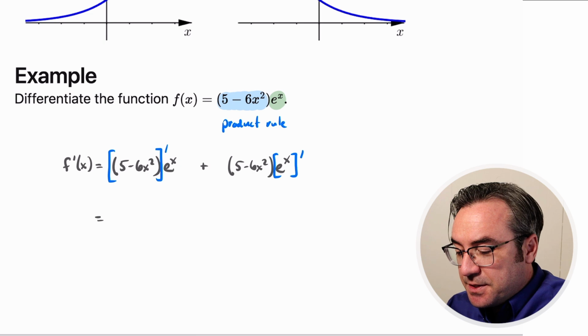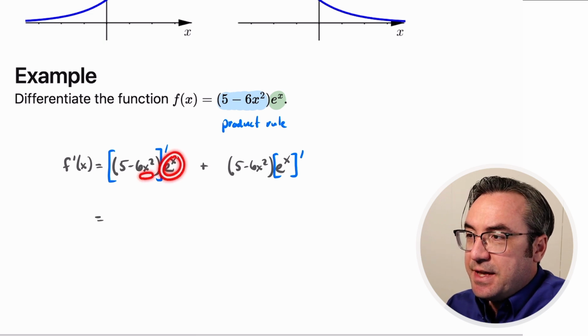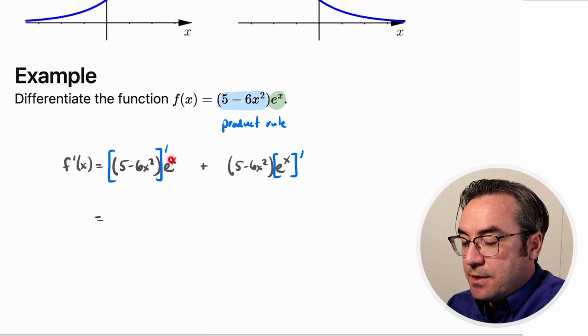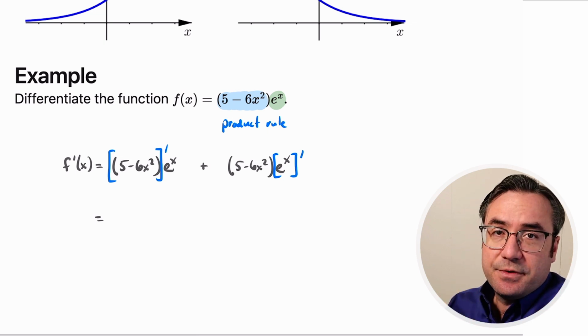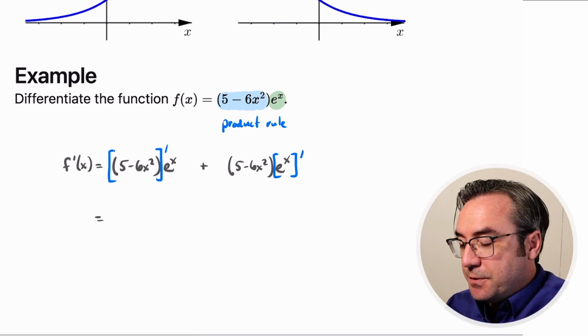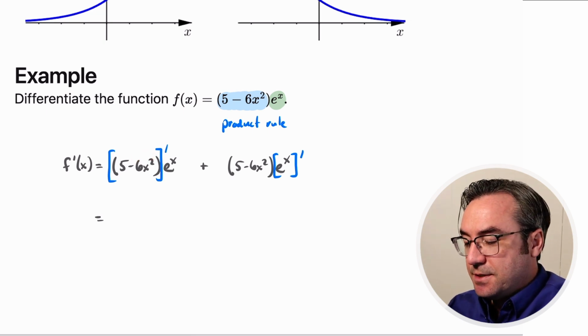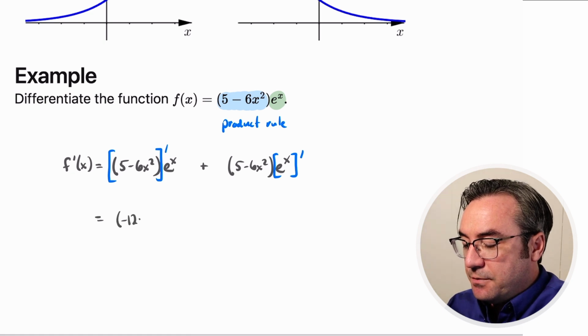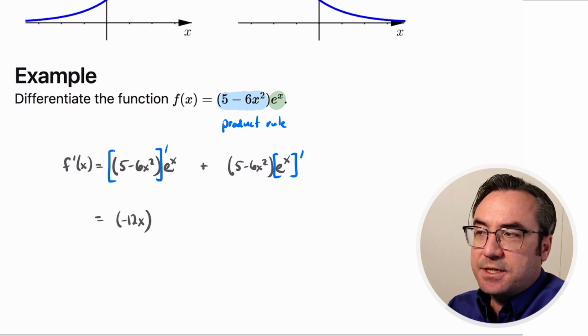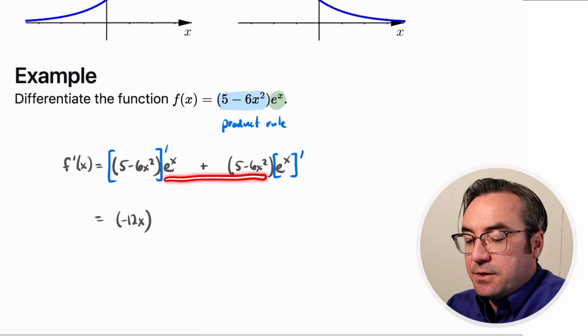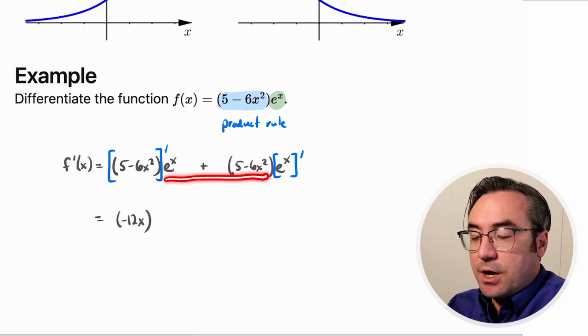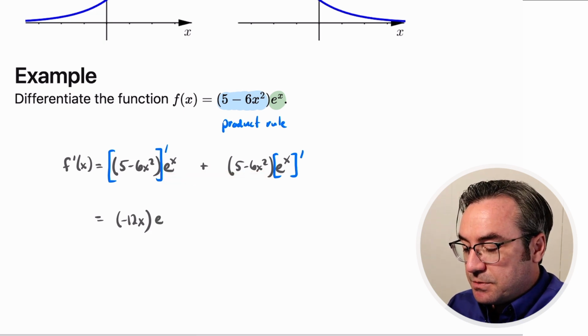Notice the difference: for x squared, the variable is on the base, but for e to the x, the variable's upstairs. These are different derivatives. So with the power rule, we bring the 2 down, multiply it with the negative 6 to get negative 12, and then subtract 1 from the exponent, so we just get negative 12x. The stuff in the middle we're done with, so we just rewrite it.